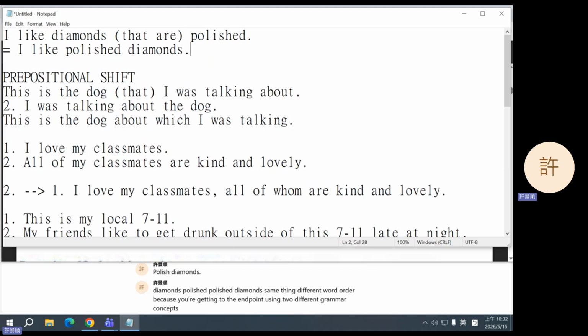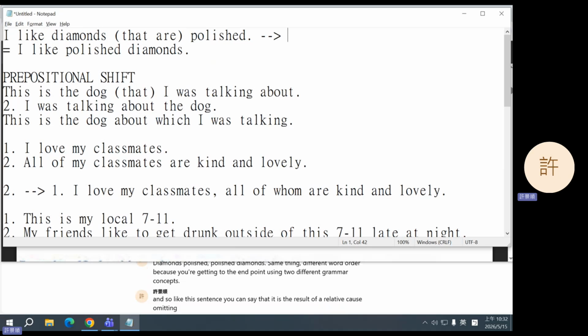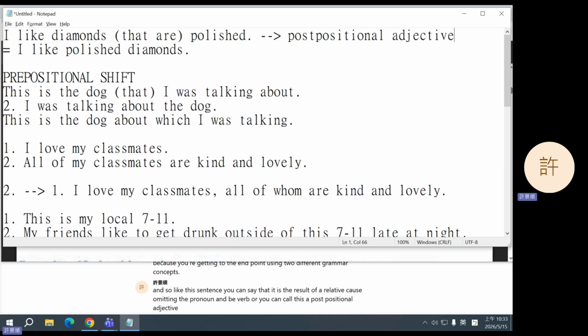And so, like this sentence, you can say that it is the result of a relative clause omitting the pronoun and be verb, or you can call this a postpositional adjective, which means the adjective is put after the noun.